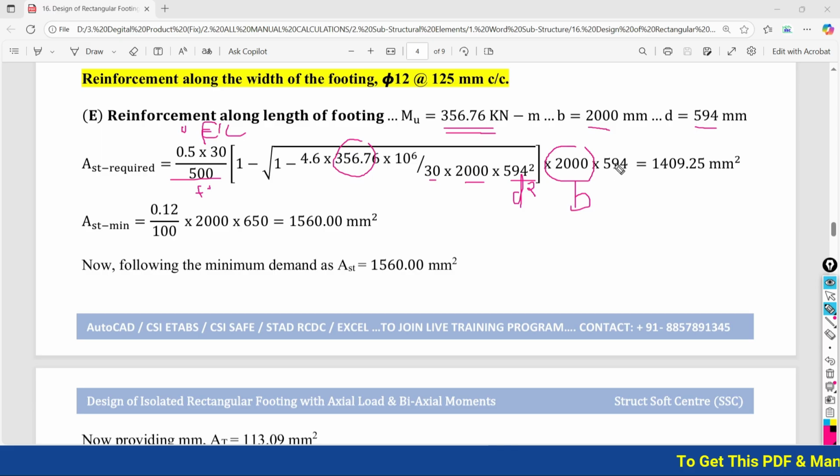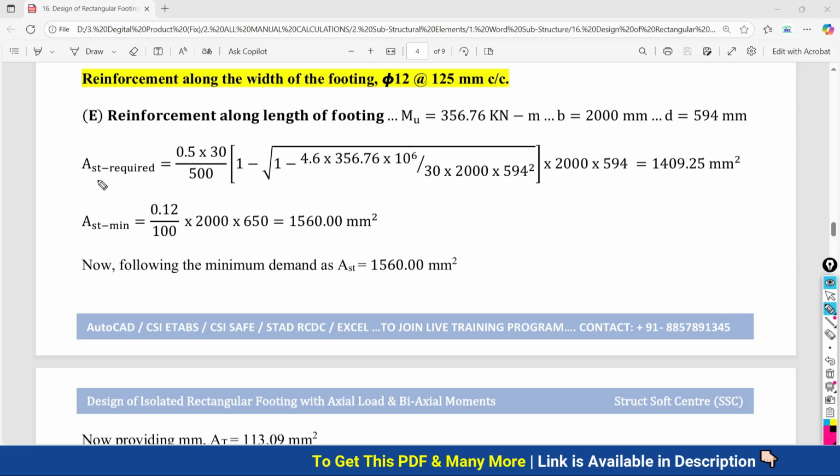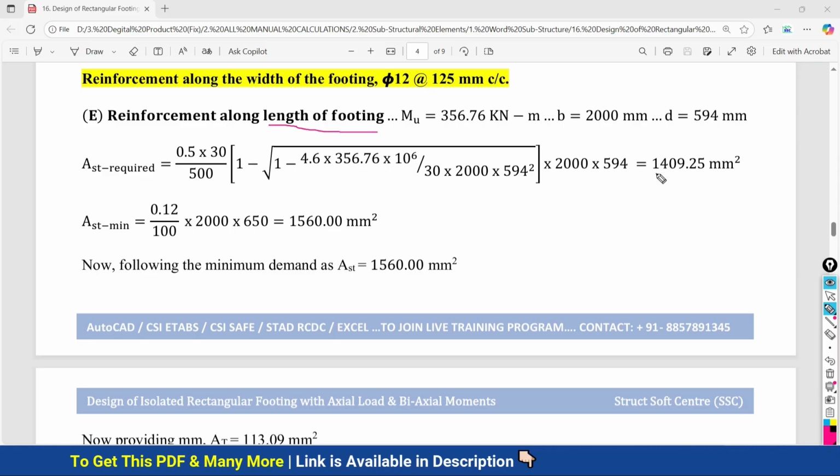Again B, and it is again D. If you are going to put all the values in this equation, you will get the area of the reinforcement required along the length of the footing is 1409.25 in mm square.